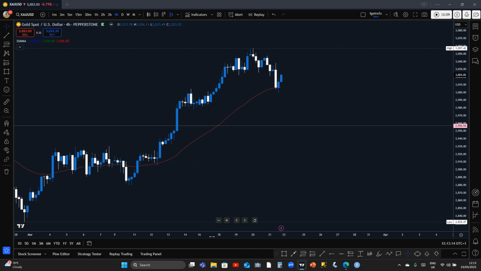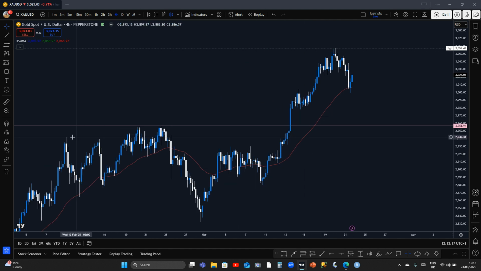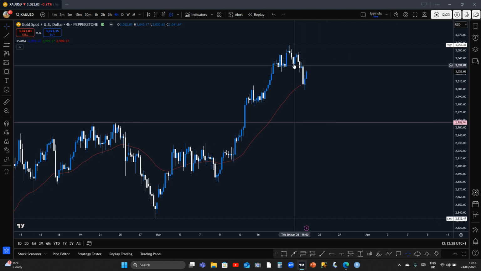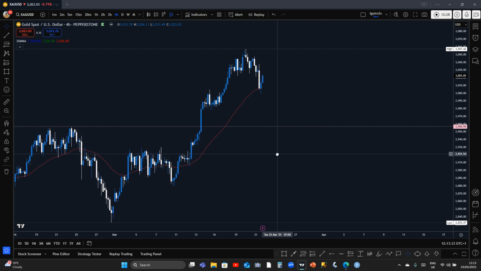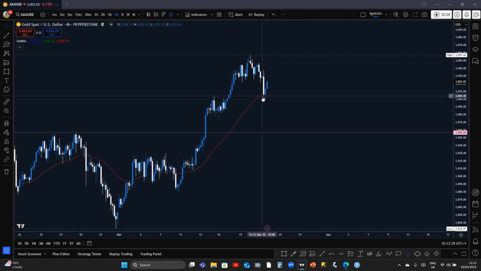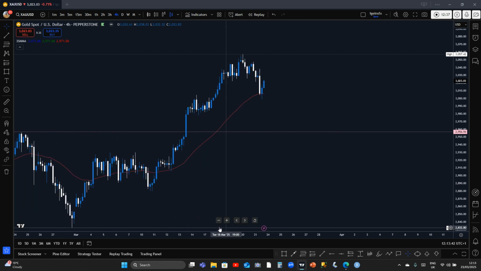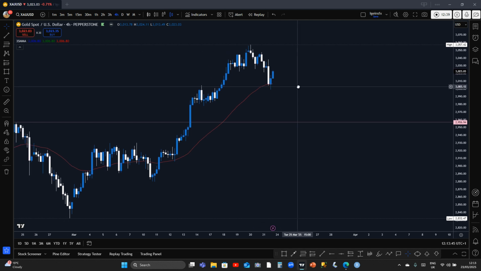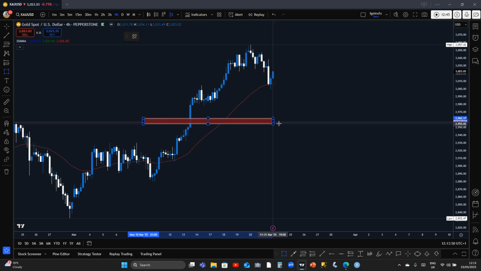Now, if you look at your left side, you discover that this place there is a strong resistance here that will later turn to a support. To be on a safe side, instead of entering this trade to push the price to the upside, I will suggest that we exercise patience, wait for the price to pull back to this level.